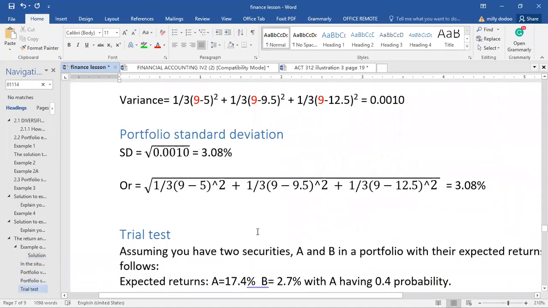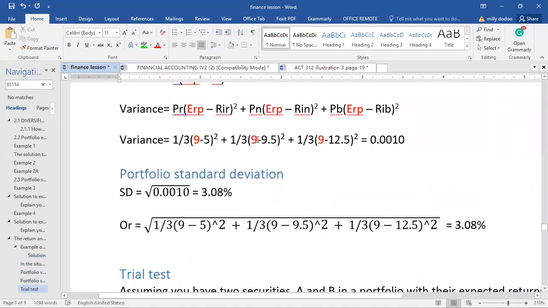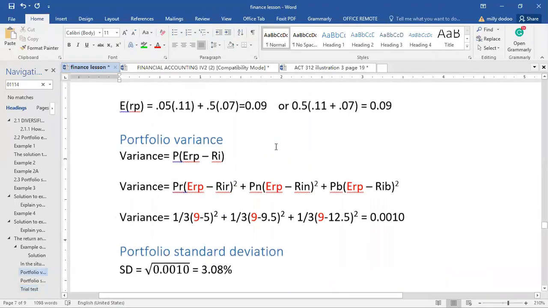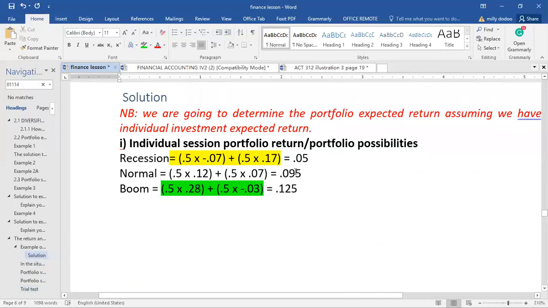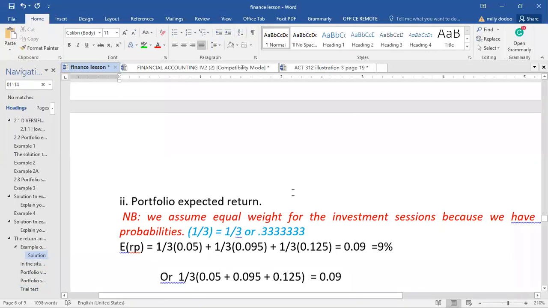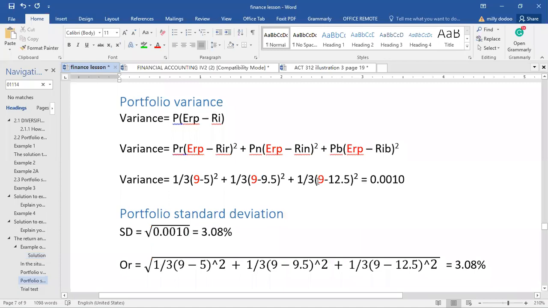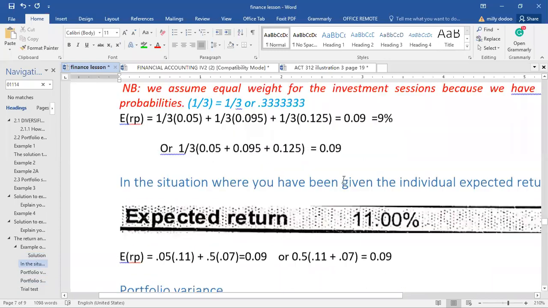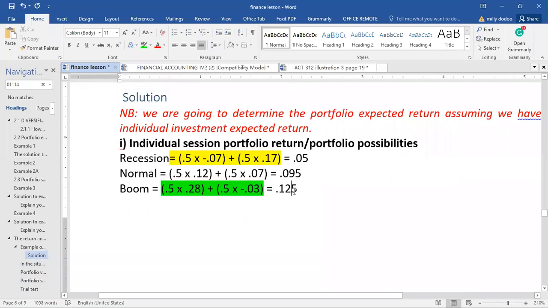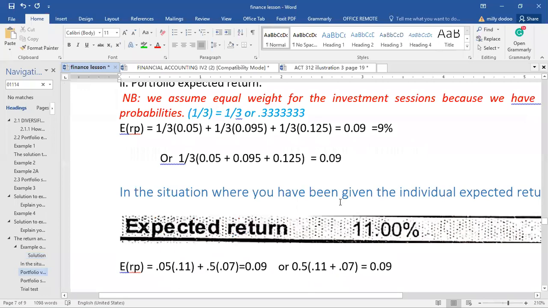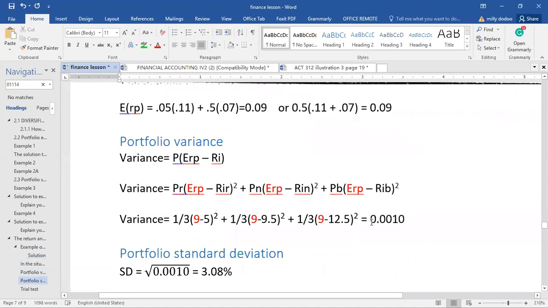Then the second one, 1/3, the expected portfolio return minus the 9.5. This particular 9.5 is the 9.5 you had over here. 1/3, 9 minus the 12.5. And this is the particular 12.5 you had over here. So therefore, when you finish everything, you'll be getting 0.0010.